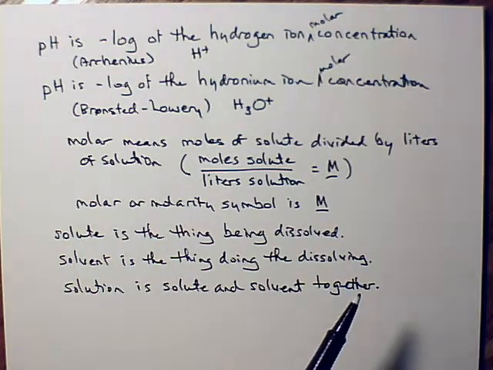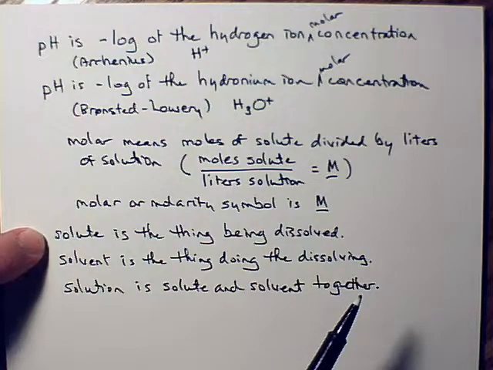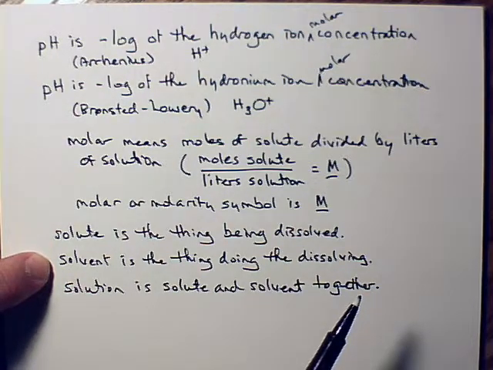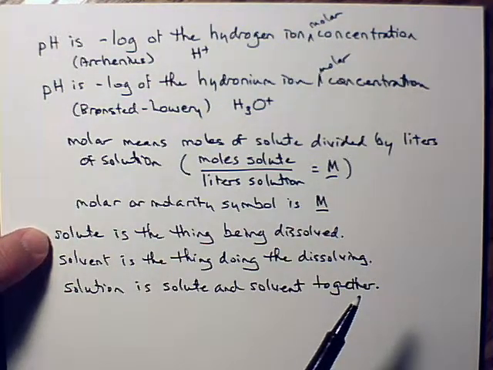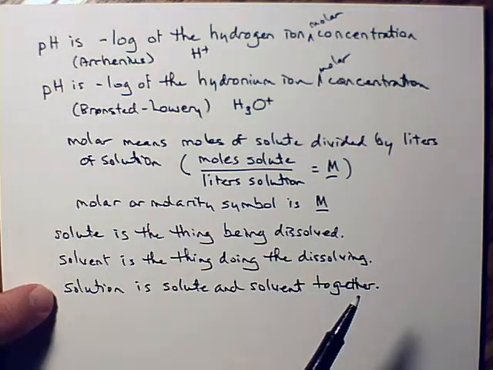But then if I put sugar in the water to make sweet tea, a southern delicacy, the solute is the thing being dissolved. That's the sugar. The solvent is the water, which is doing the dissolving of the sugar. And all of it together, the sugar, the water, the tannic acid, and the other things that make tea, makes up the solution.